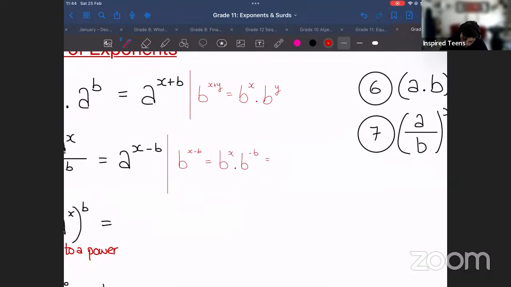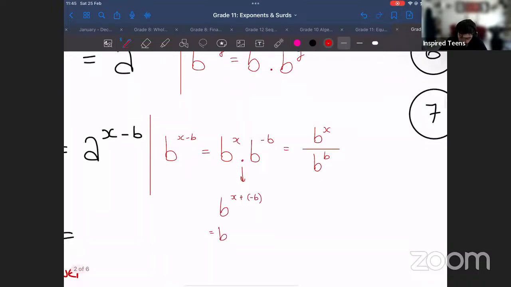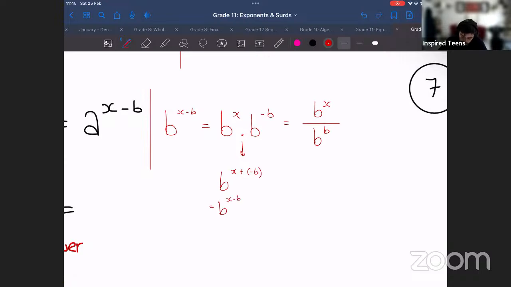Alternatively, it's also b to the power of x divided by b to the power of y. The first number goes as numerator, second number as denominator. But actually this one is really nice because it's common in helping us solve questions. So even if you had to go backwards and add them, you'd say b to the x plus negative y, which would be b to the x minus y. So we didn't change the value, as you can see. Okay, so that's good to note.